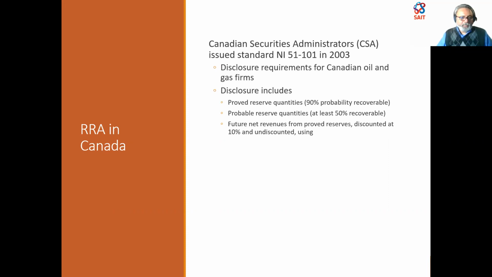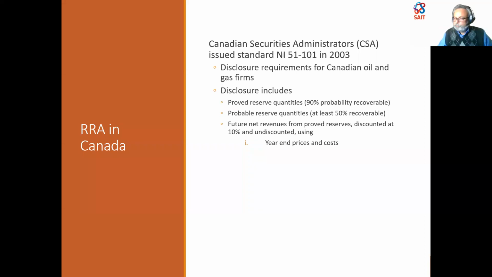And when they calculate the present value numbers, they have to not only do the 10% discount rate, which is the rate that they use in the US, but also they need you to do scenarios, right?